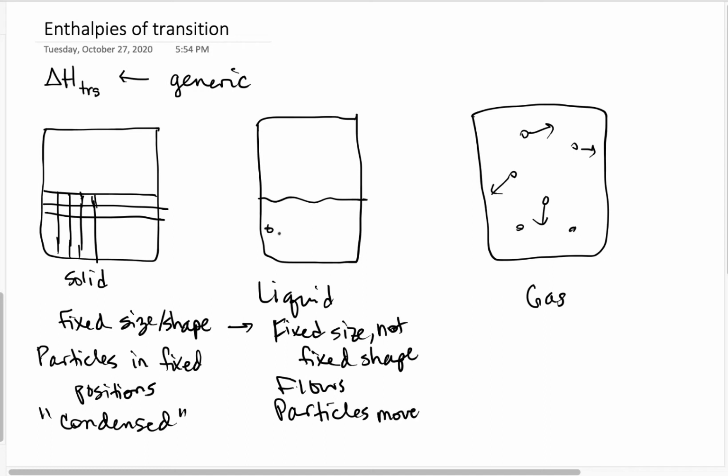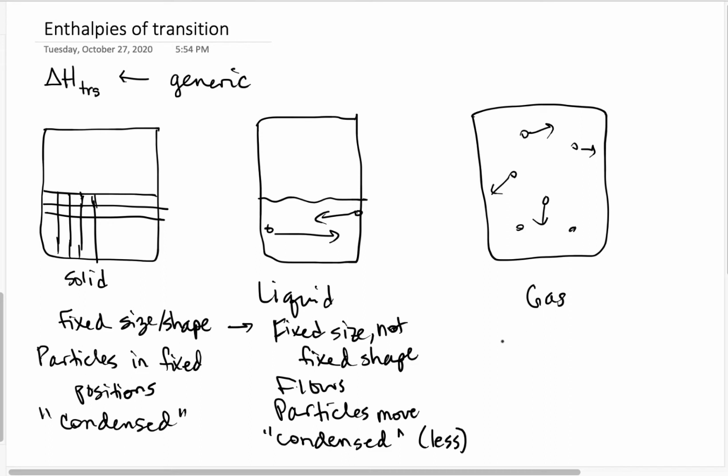You know, this particle can go over there and vice versa. They don't move as fast as our gas particles, and they are stuck together. So this is still considered a condensed phase. But it's not as condensed as the solid, so I'll put less over here. It's still condensed, but it's not in a fixed position.